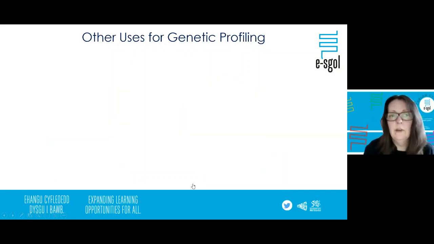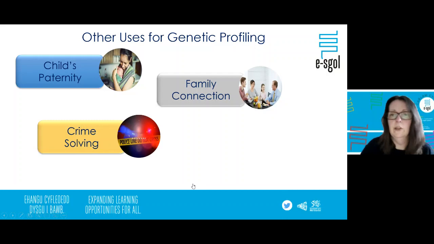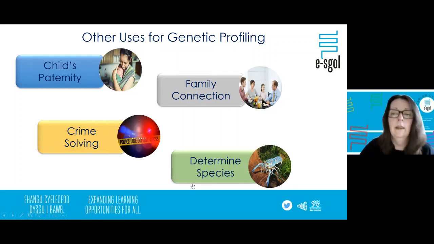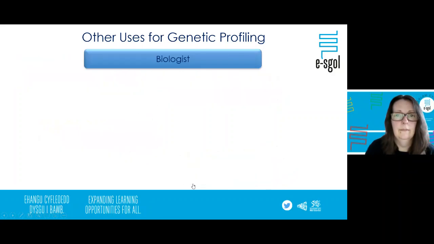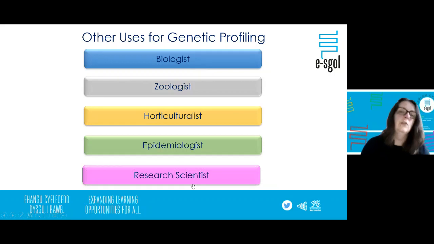So make sure that you know then the different uses of that. So the paternity of a child, the family connection, to solve crime, and finally to determine species. So in classification, that's really very important. Okay, and these are some of the jobs that people might use genetic profiling in.